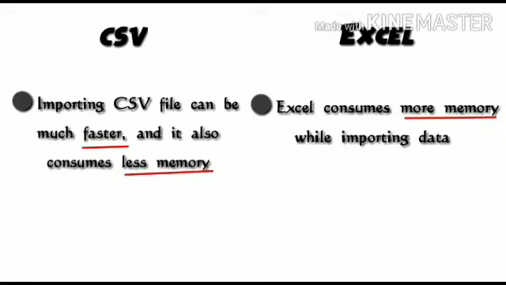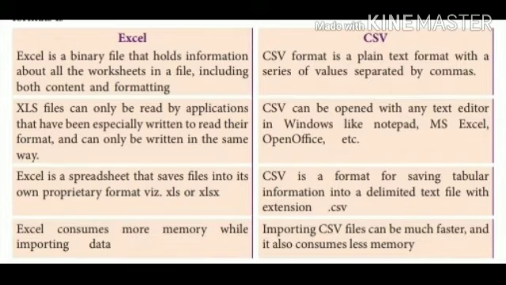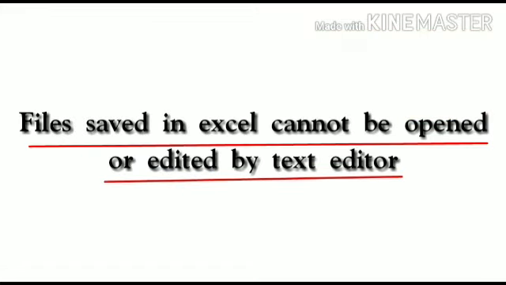One more difference is that Excel consumes more memory but CSV consumes less memory. Also, it imports data very slowly in Excel, but CSV is faster than Excel. An Excel file cannot be opened in a text editor, but a CSV file can be opened in any text editor.